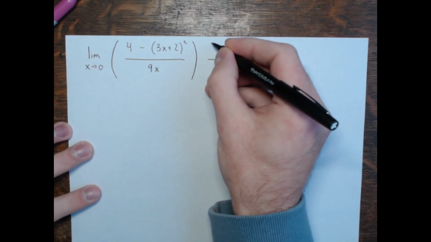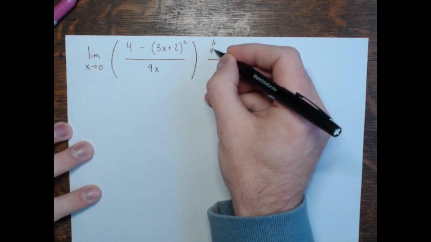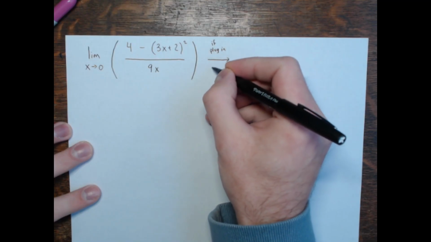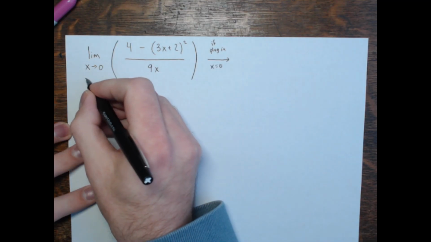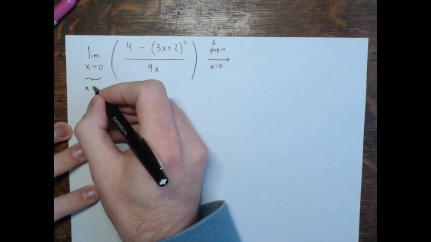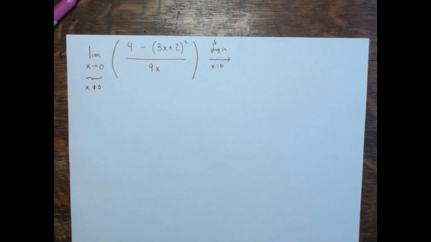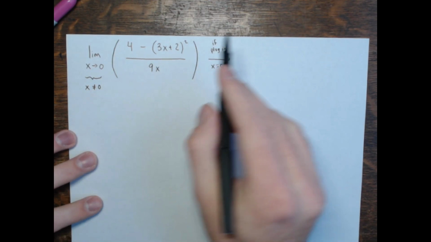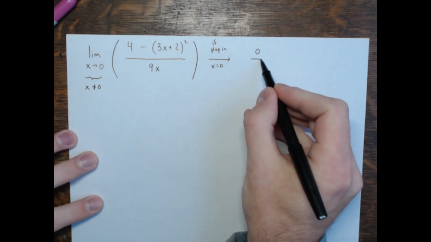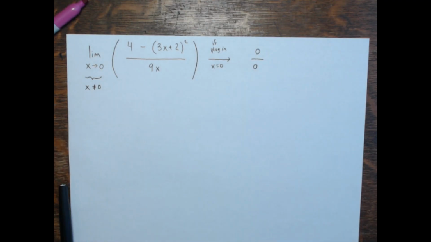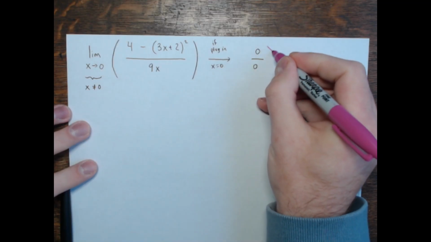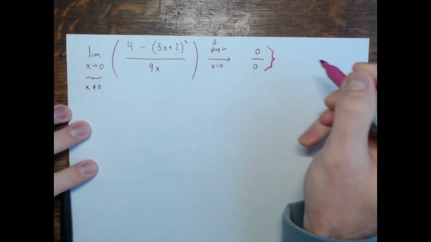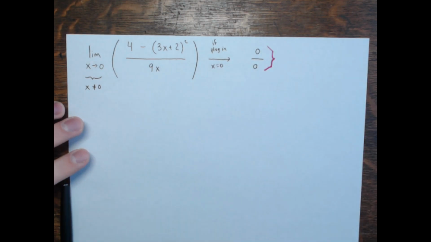So if we just plugged in x equals 0, and I know that technically what this really means is x is not 0, you're just approaching 0. But if I were to plug this in, you'd get 0 in the numerator, 0 in the denominator. And this is meaningless. This 0 divided by 0 has no meaning whatsoever.